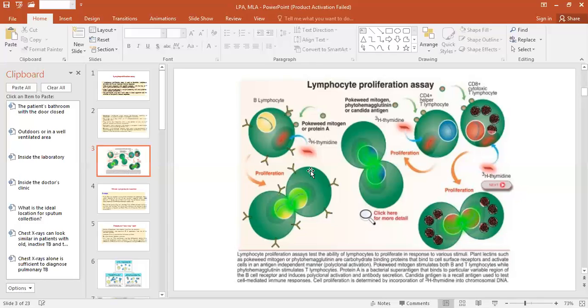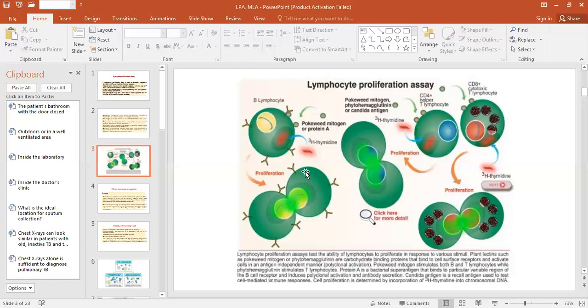So a tetrazolium dye is used, which is normally yellow in color, but when it interacts with this enzyme, it will form an insoluble purple formazan, and that insoluble purple formazan is the indicator of how many cells are metabolically active, meaning which are the living cells and which are the dead cells, because the dead cells are not metabolically active. So dehydrogenase is not elevated there.